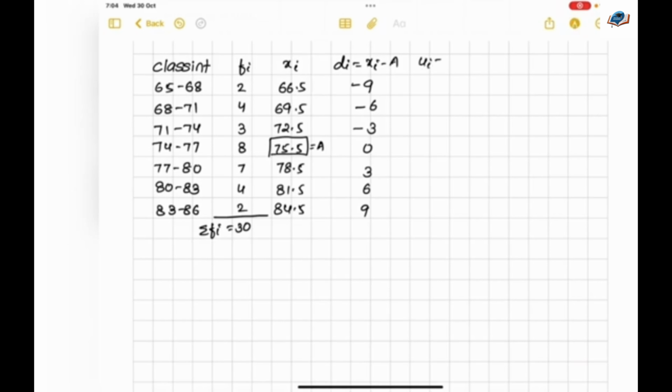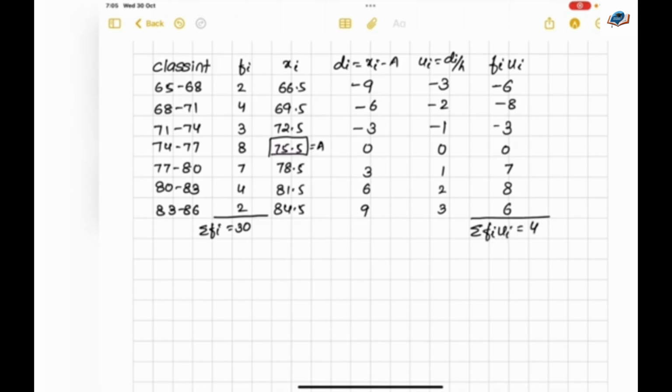Now ui equal to di by h. So if I divide with the gap of 3, I will get minus 3, minus 2, minus 1, 0, 1, 2, and 3. Then fi ui. So minus 3 into 2 will be minus 6, then minus 8, then minus 3, 0, 7, 8, and 6. So if I do sigma fi ui, I will get 4.